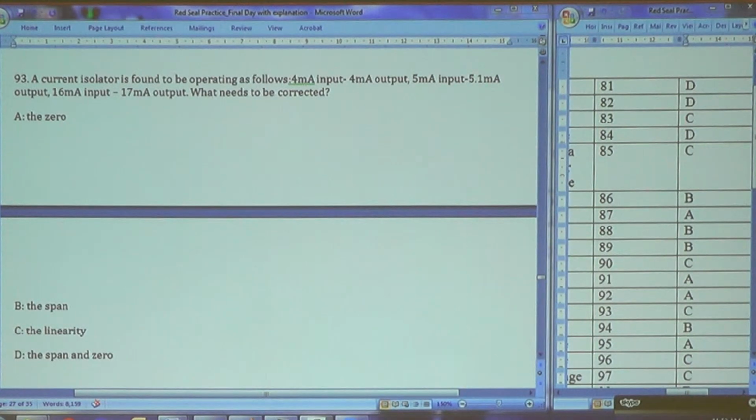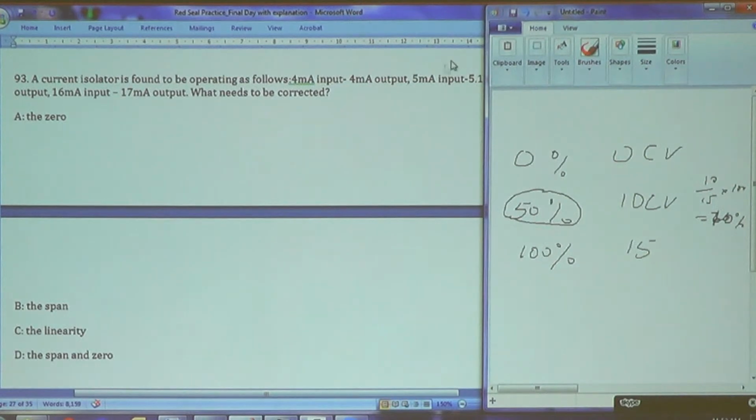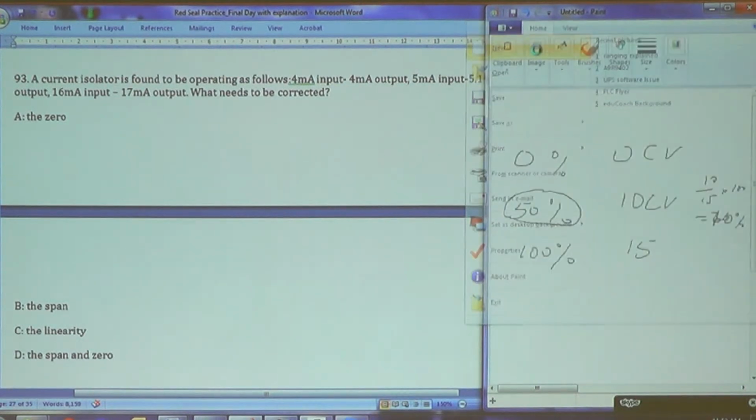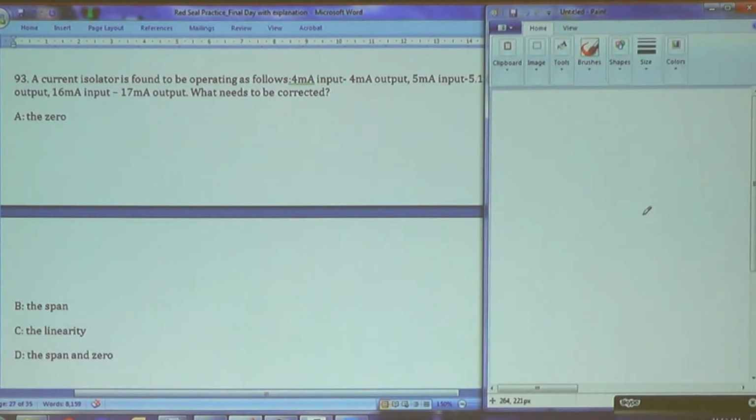What do we have? We have three values which say 4 milliampere input is 4 milliampere output. 5 milliampere is equal to 5.1.